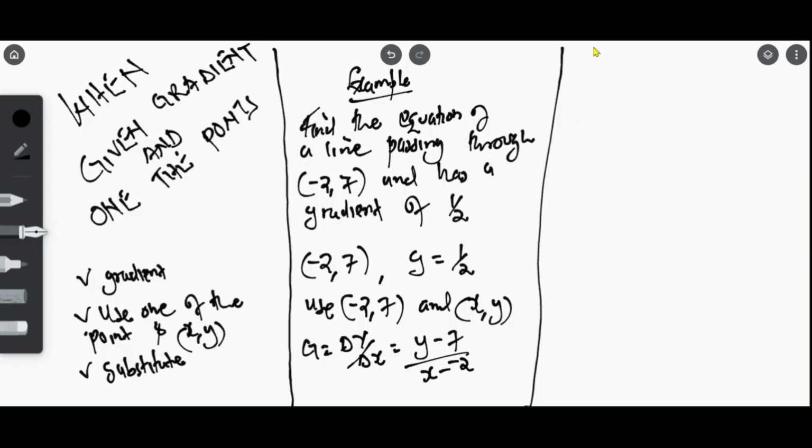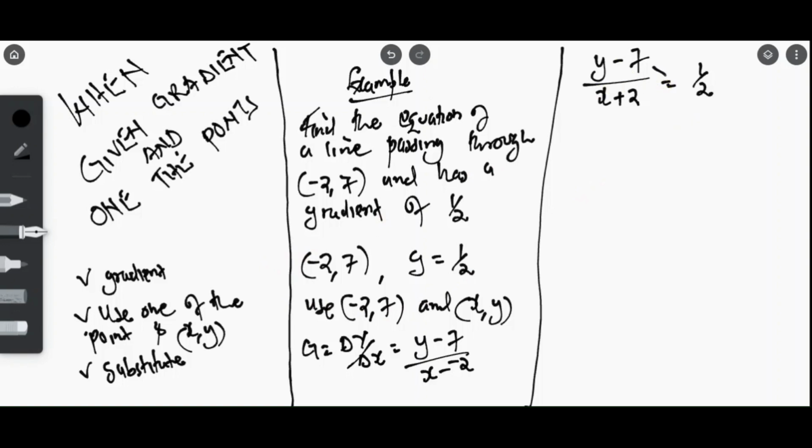All right, then I come and substitute. So I'll take this one equal to this. I'll have y minus 7 all over x plus 2, because negative turns to be positive, is equal to the gradient, 1 all over 2. Then I go ahead and cross multiply.